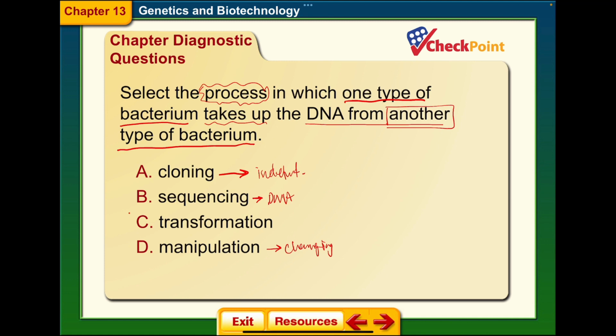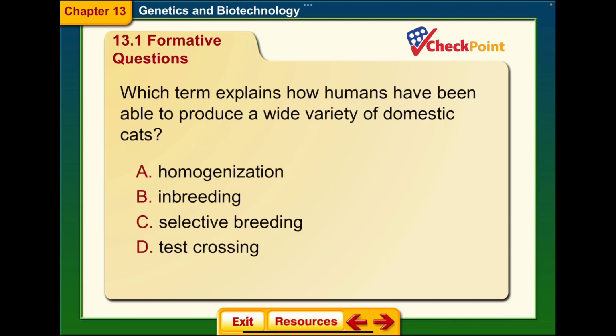The best one that fits this is transformation. We talk about transformation when we talk about recombinant DNA. And we said that recombinant DNA is the process in which one type of bacteria will take the DNA from another type of bacteria, and that is called recombinant DNA technology. So the answer is C, transformation.